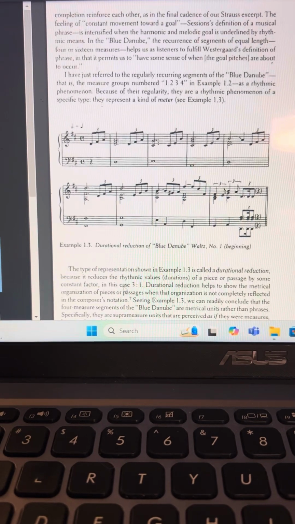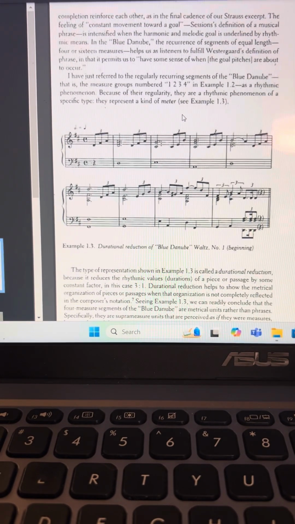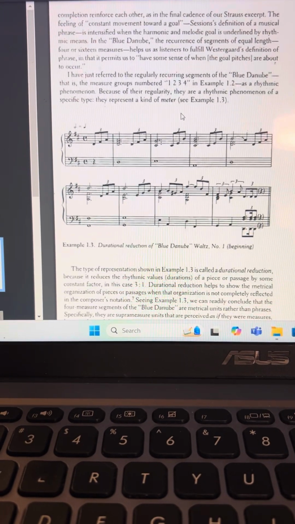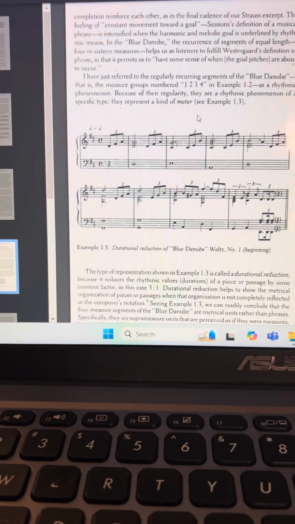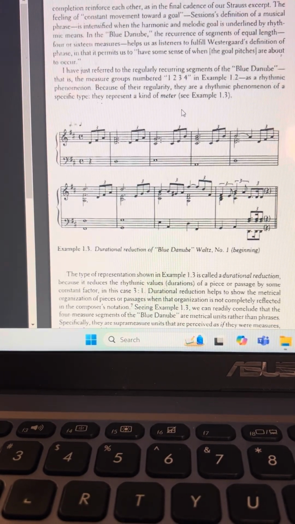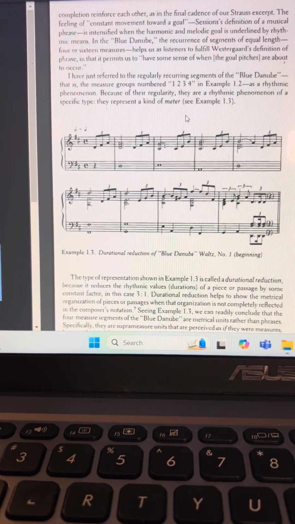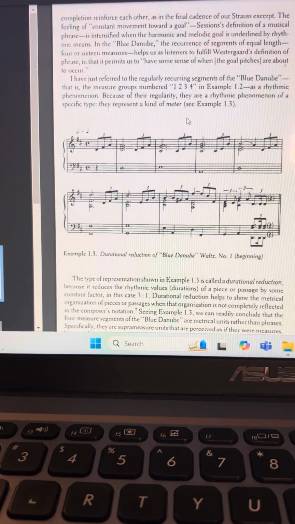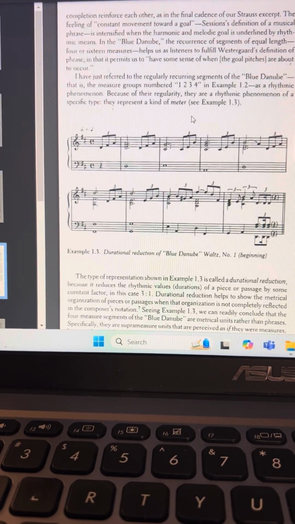In this case, the factor is 3 to 1, so everything has been shrunk down essentially 3 times, shrunk down by a scale factor of 3 or even 4 in this case. It looks like 1 quarter note is representational of an entire measure in the original.